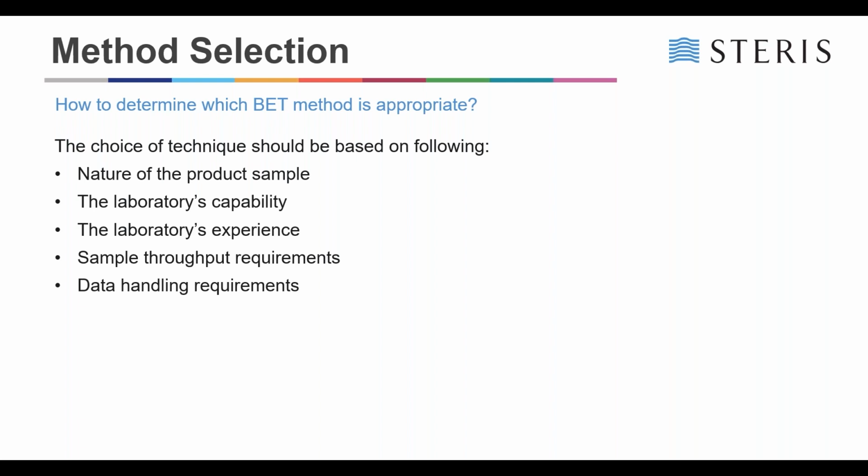As we will see in the following case studies, method selection can be driven by the nature of the product mostly, and how the product itself interacts with the test.